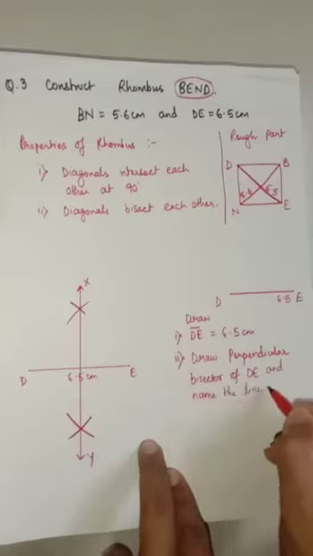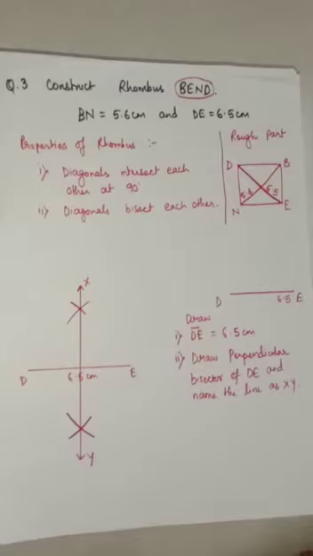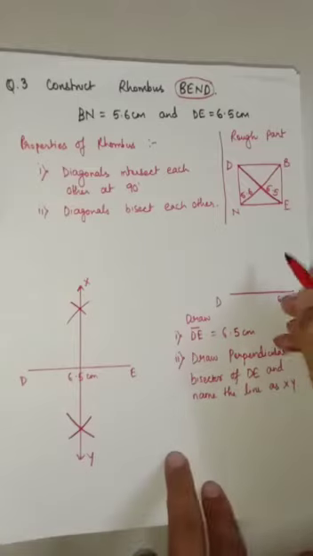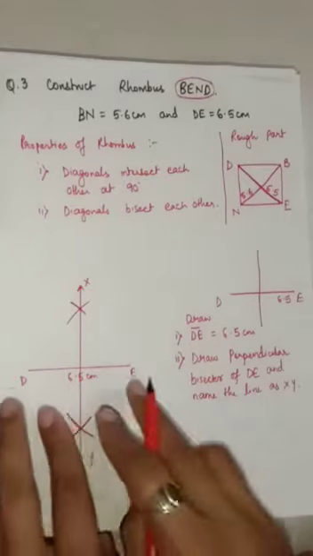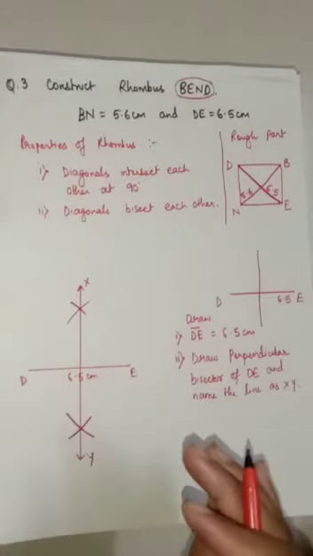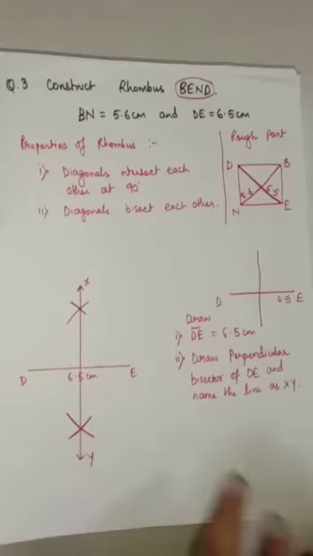We have made the perpendicular bisector of DE. This is the method of how we draw a perpendicular bisector. So automatically this line is divided into two equal halves.